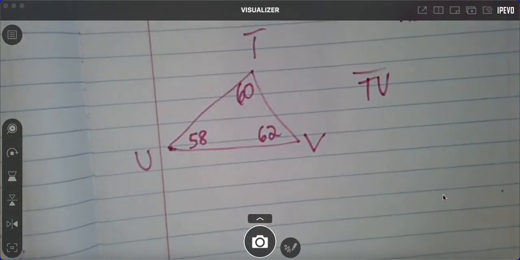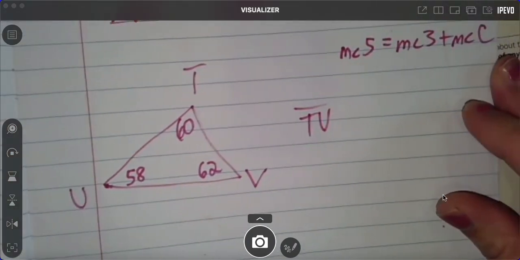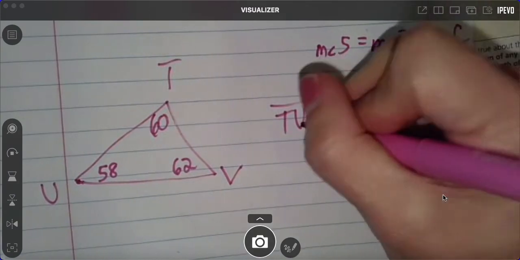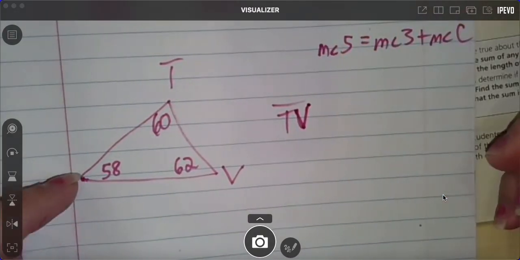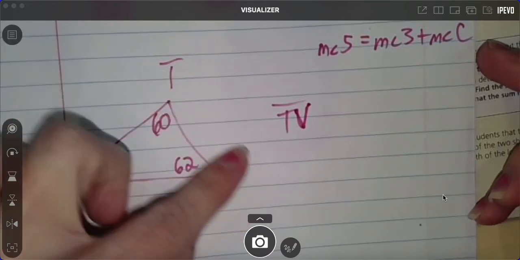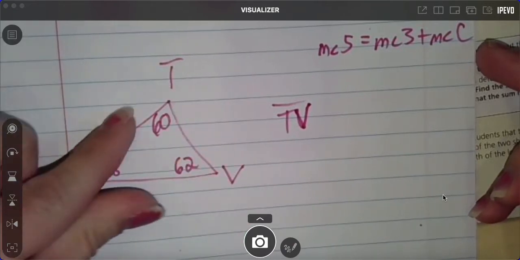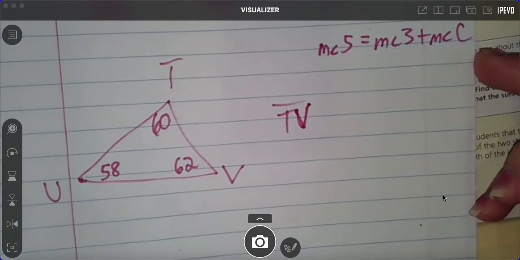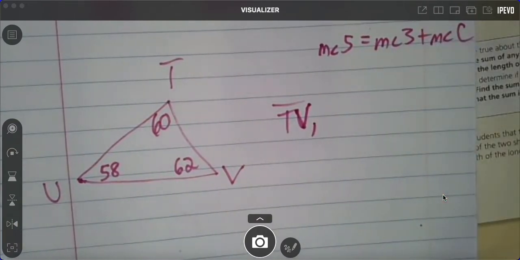TV. Okay. Does everybody see that U is the smallest angle? That is TV. U is the smallest angle, right? So what's the smallest side? The one across from it. TV. Remember, it's kind of like shining a light. Which one did we shine the light on? TV. And then it would be UV then. Yeah.